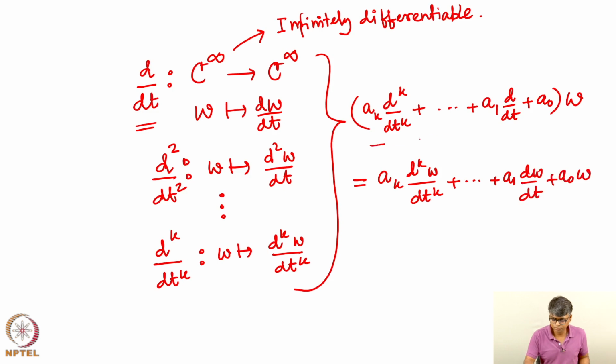So you see this also is a legitimate operator from C infinity to itself. Such a thing is what is known as a polynomial differential operator.